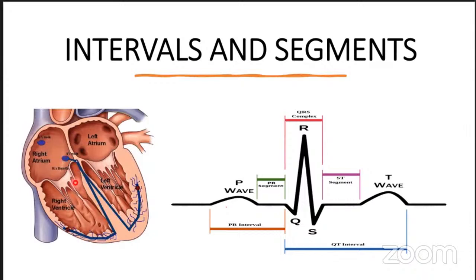Again, we'll talk about what the normal should be, what we expect to see in a normal QRS complex. But again, just take note that your QRS complex represents ventricular depolarization or ventricular contraction.